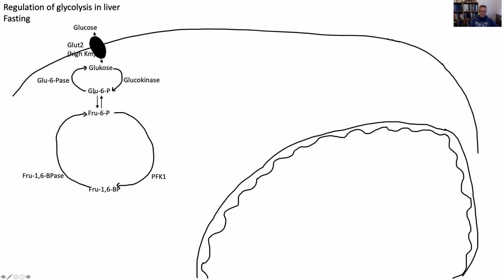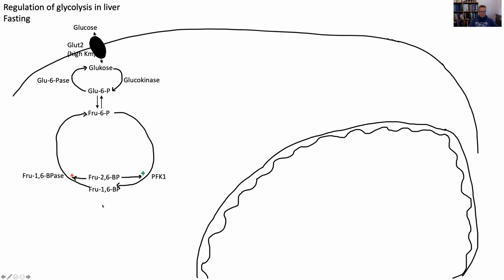Once glucose 6-phosphate has been converted to fructose 6-phosphate, we know that fructose 6-phosphate can be phosphorylated to fructose 1,6-bisphosphate by phosphofructokinase 1. On the other hand, fructose 1,6-bisphosphate can also be dephosphorylated by fructose 1,6-bisphosphatase.